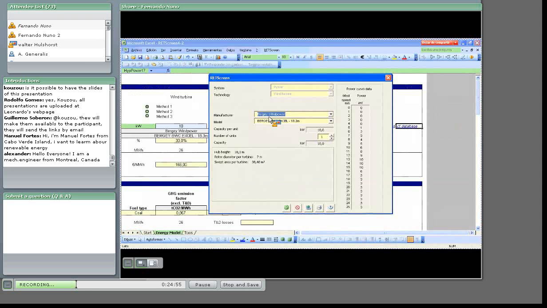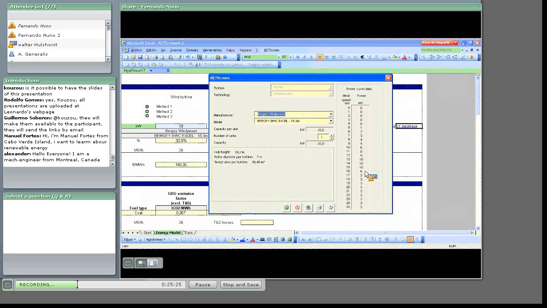We have chosen Bergey Wind Power, which is a wind turbine shown in the presentation by Walter. Here we can see the power curve data. The cut-in speed is about 5 meters per second. Then it starts providing 1 kilowatt, then increasing up to roughly 15 meters per second.